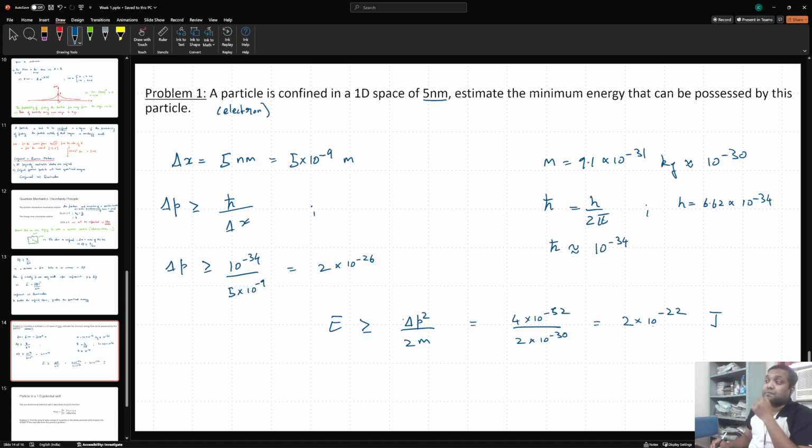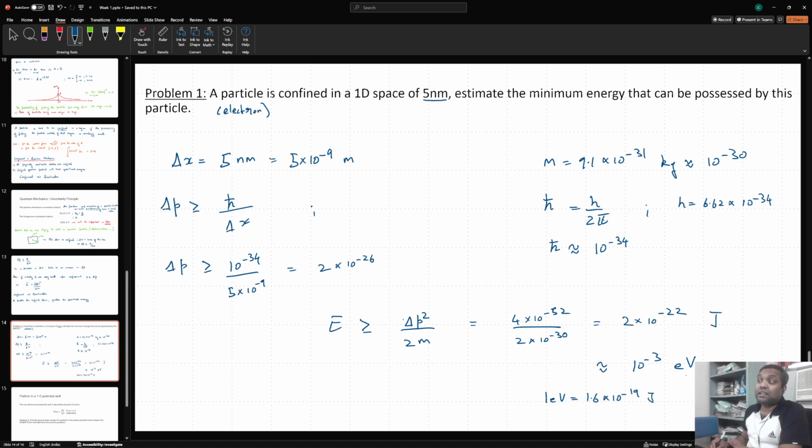Therefore, a more relevant unit is electron volts, so this is approximately 10 to the power minus 3 electron volts. 1 eV is equal to 1.6 into 10 to the power minus 19 joules.